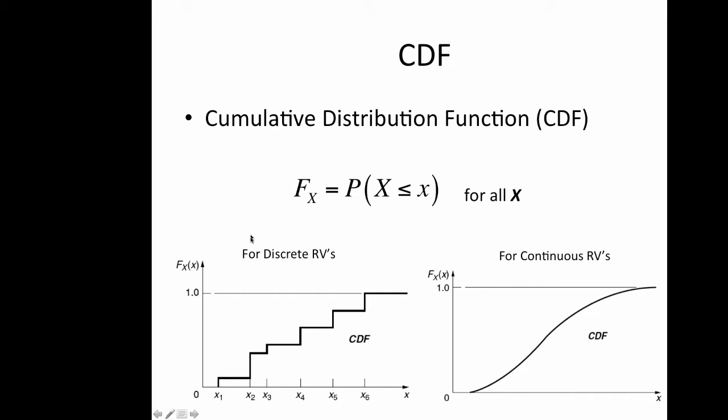So for a discrete random variable, we have our number line down here, the values of x, and maybe the discrete values x1, x2, 3, 4, 5, 6, and so on. And then we have the CDF on the y-axis right here.